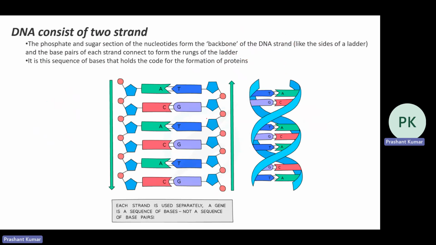So you can see here in the detailed structure, this is your base, this is your pentose sugar, this is your phosphate. Here also, this is the base, pentose sugar and phosphate. See how they are arranged.